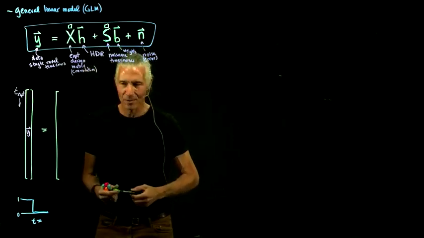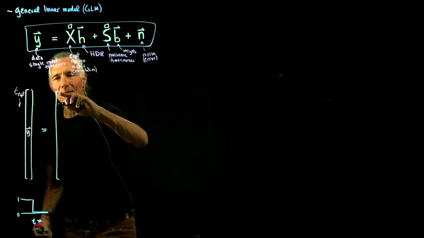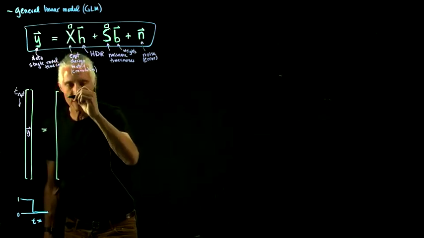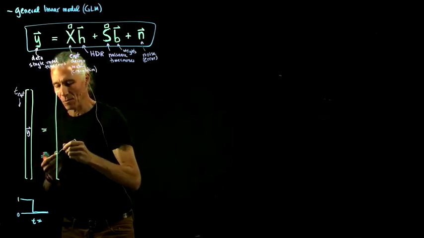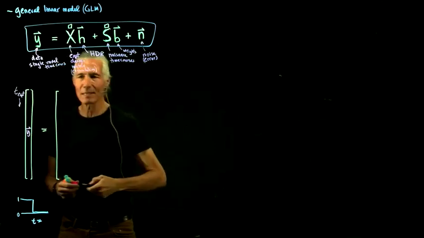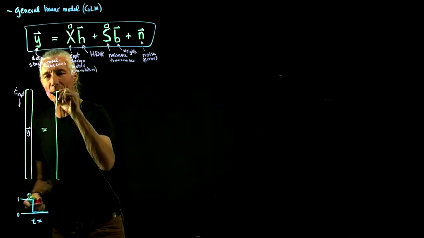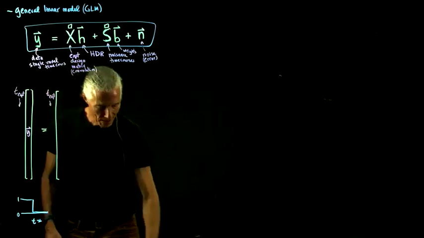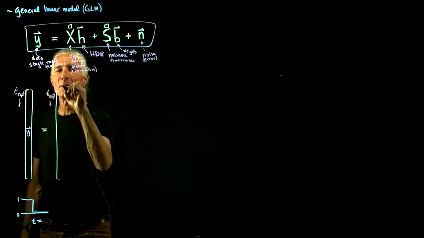I'll just draw out some of the matrix. What are the dimensions of this matrix? They are the time of the experiment going this way, and the time of the hemodynamic response function going this way.